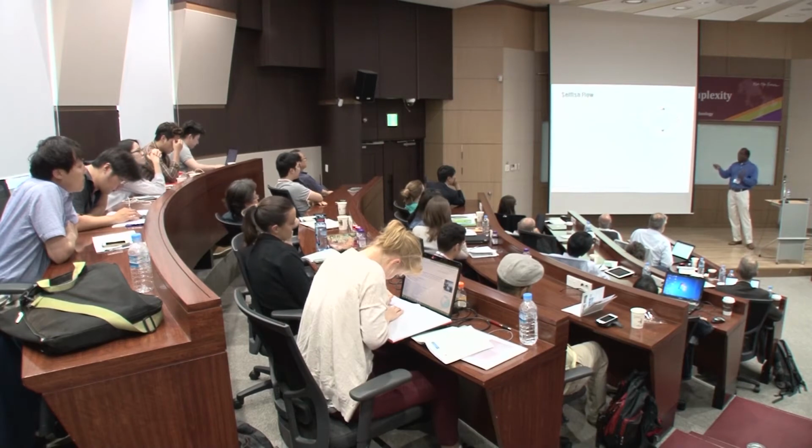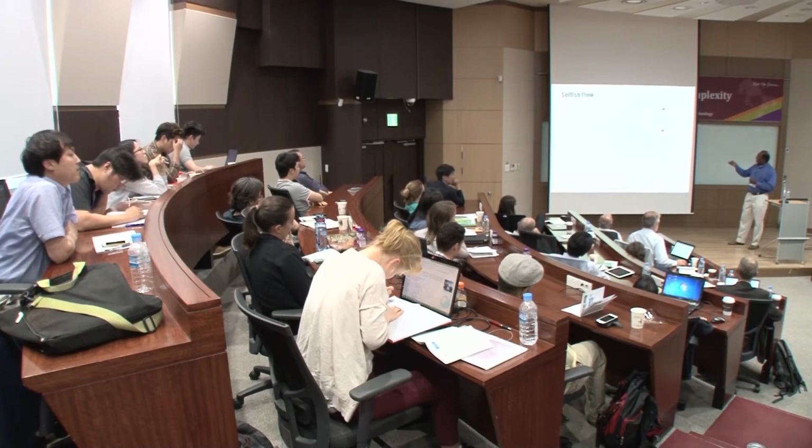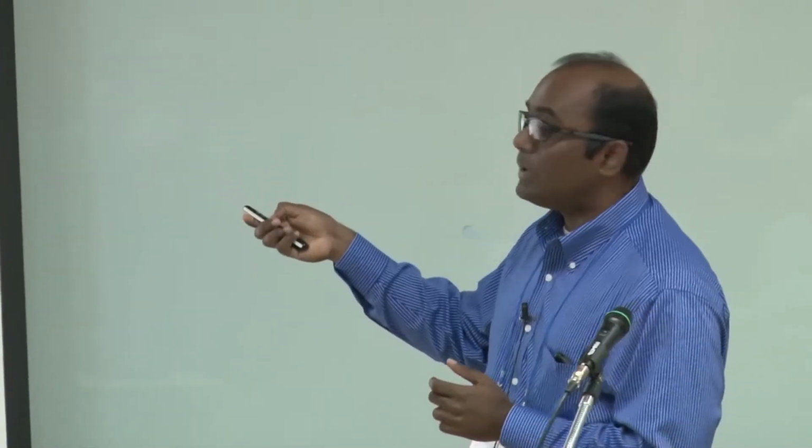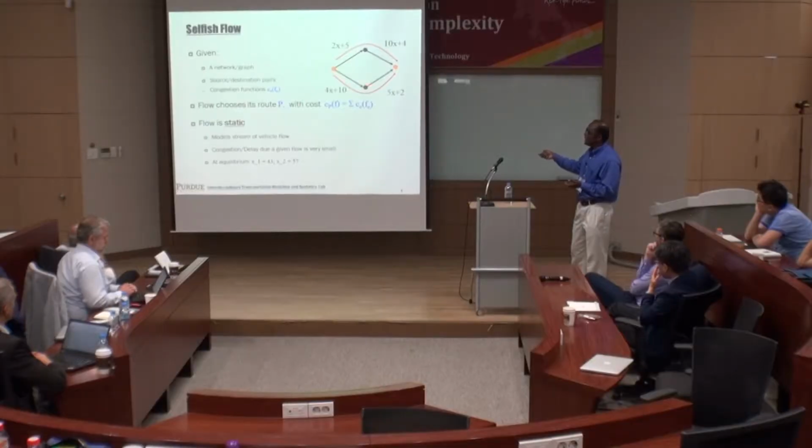But now with this cost function, the cost is a function of the flow on the network, so it doesn't work like that, right? You have 100 units of flow. If you send 1 unit of flow on one path and 99 units on the other, you would see that these 99 units are going to incur a lot of cost, while this 1 unit incurs very little cost, right?